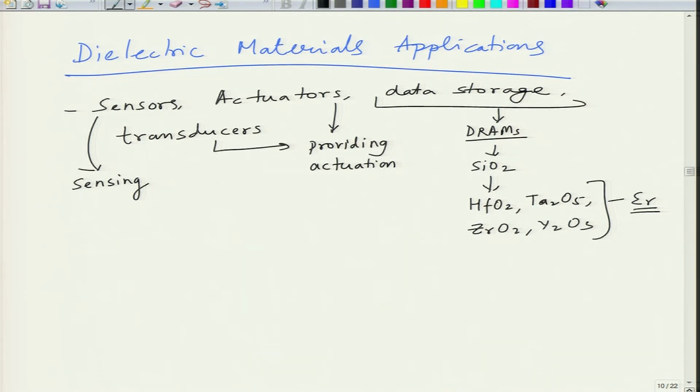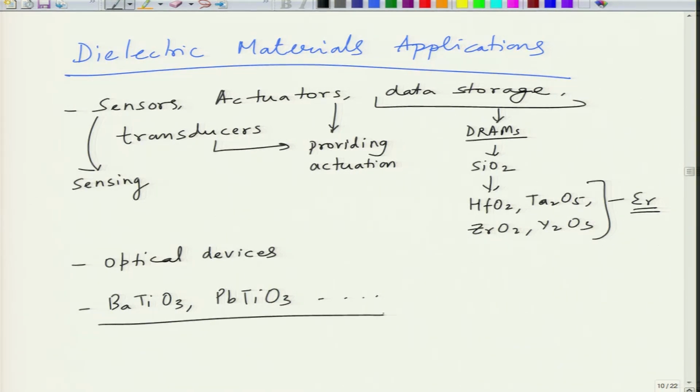They can also be used for optical devices, because these dielectric materials have certain optical properties which can help them work in these devices, but we will not deal with the optical properties. And there are materials such as barium titanate, lead titanate, and so on and so forth, which are nonlinear dielectrics, which are used for these sensors and actuators kind of applications, as we discussed above.